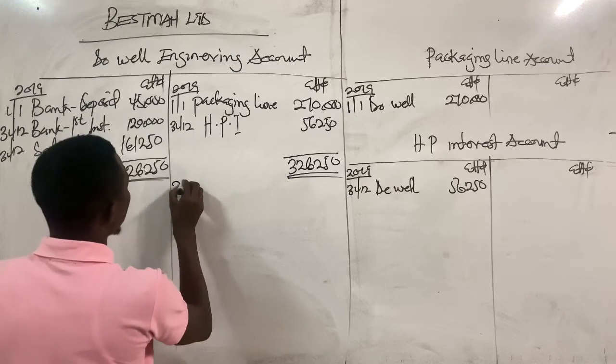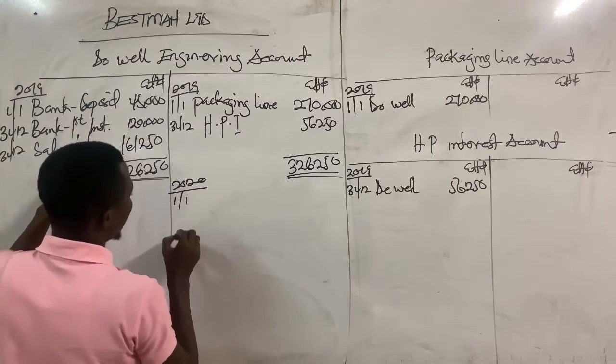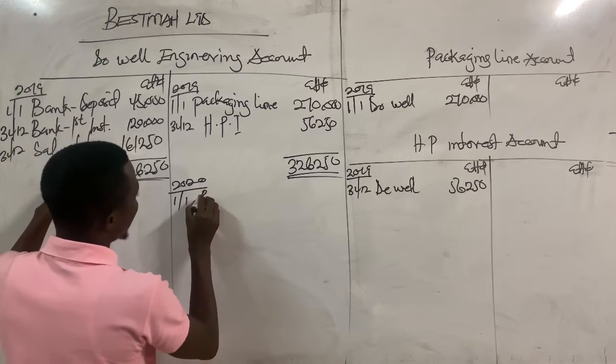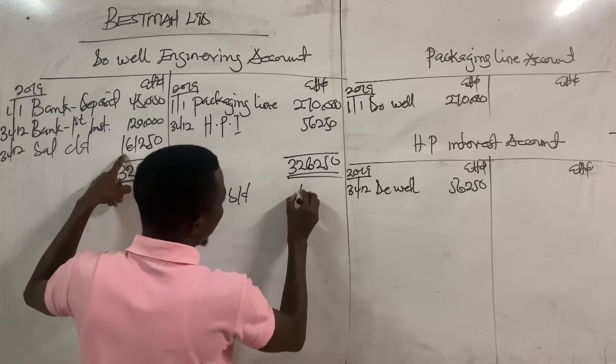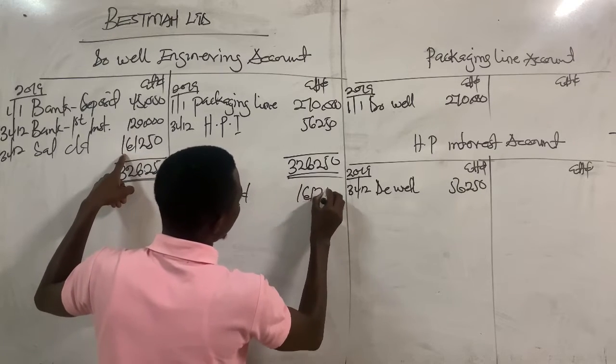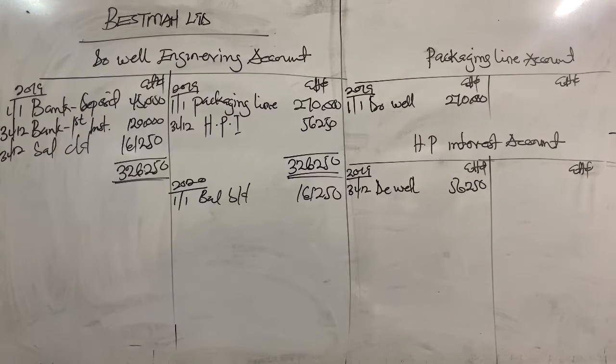So we come to the year 2020, we bring the carry down as 1st January as brought down. So balance brought down, and the amount here is 161,250. Very good. Is that okay? So the same 2020.